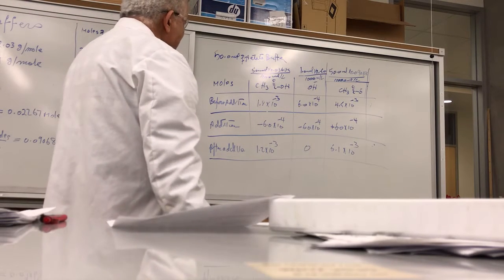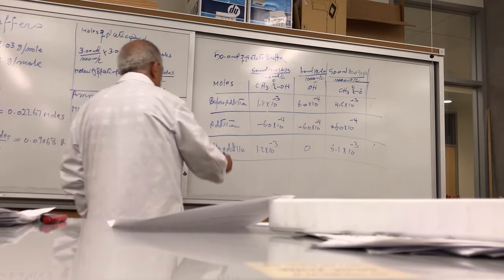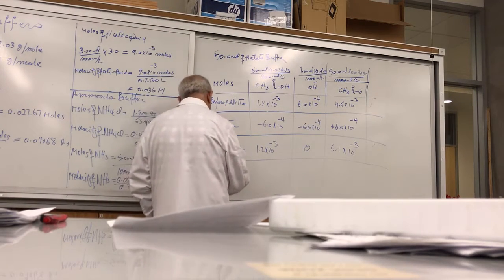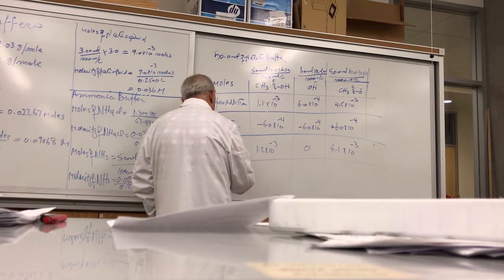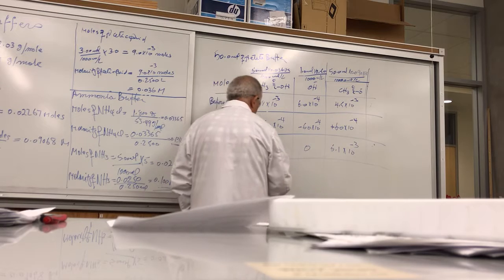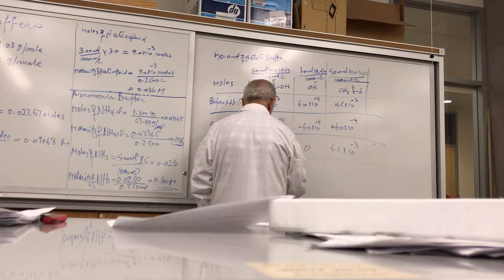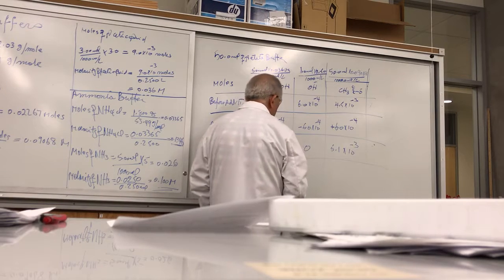After addition, all I have to do is go back to my equation: pH equals pKa plus log of acetate ion, CH3CO minus, over acetic acid. Okay?